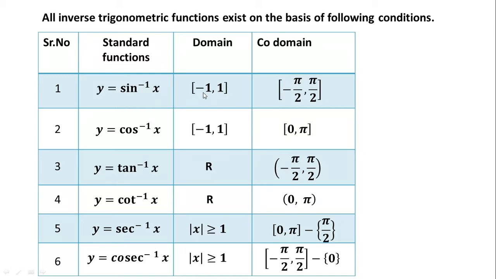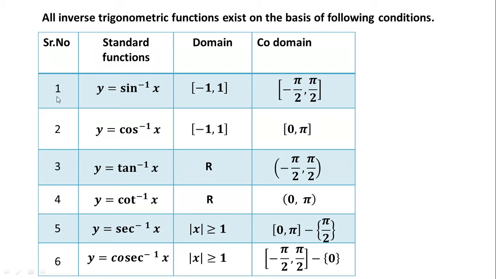So you just remember this as basic knowledge. Our main point is how to find the derivatives of all these standard inverse trigonometric functions. Means in this lecture we have to study what is the derivative of sine inverse x, or the derivative of cos inverse x, and so on. That is our main part.